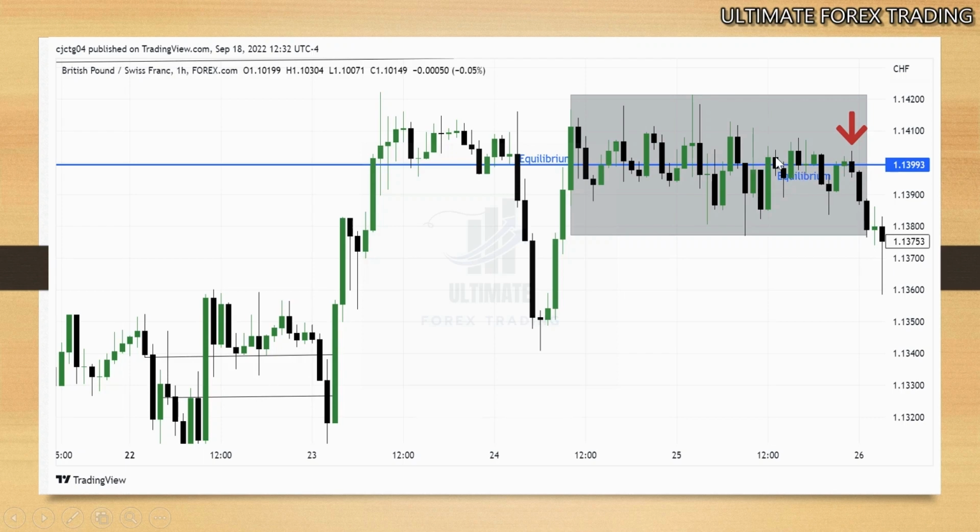As you can see, this is the 50% of the price range, which is the equilibrium, and you see price started expanding just a little bit above the equilibrium. That is when price started expanding, right? So this is consolidation. What you look out for is the equilibrium of the price range.